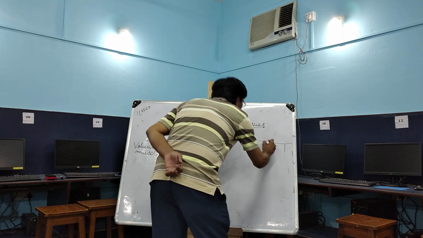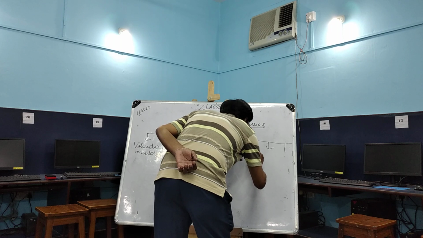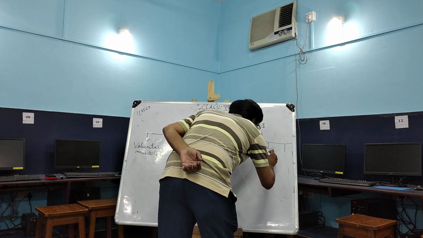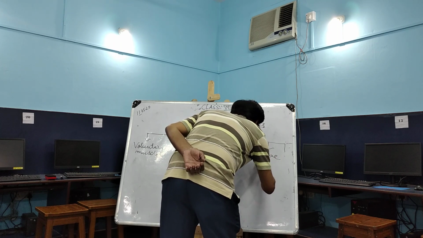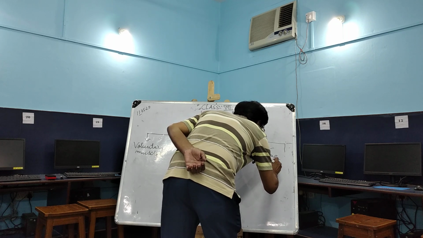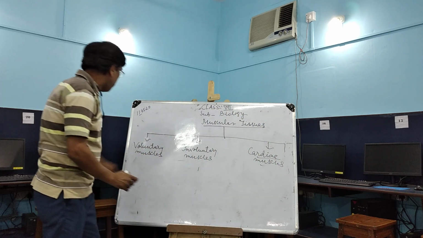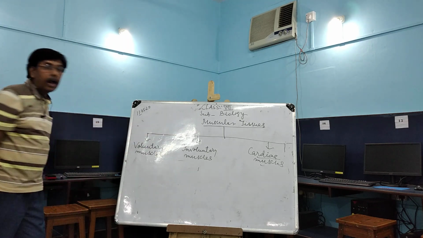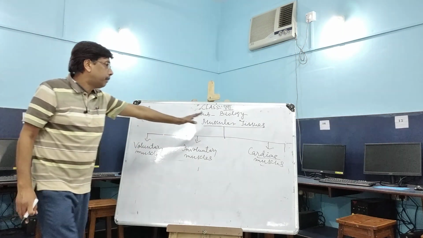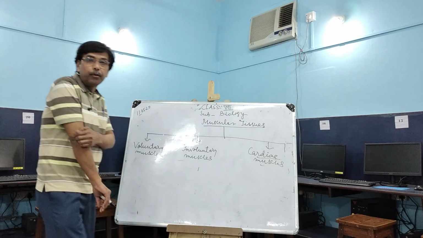And the third one is cardiac muscles. So voluntary, involuntary, and cardiac, there are three types of muscular tissues.